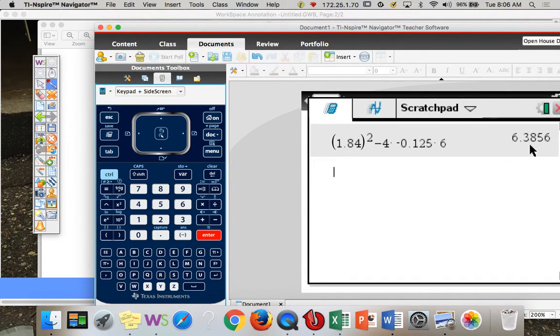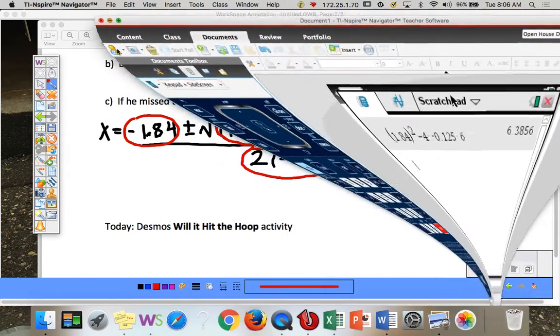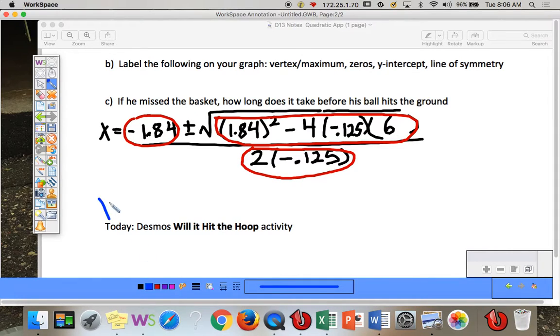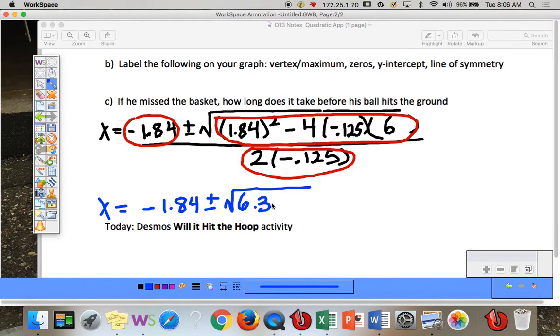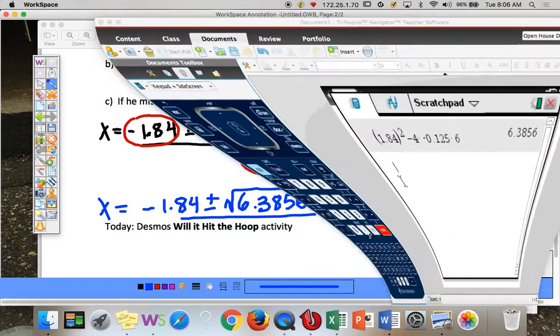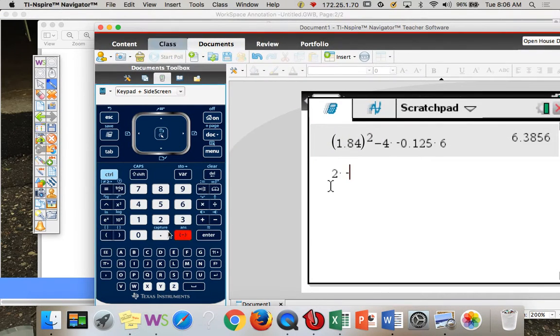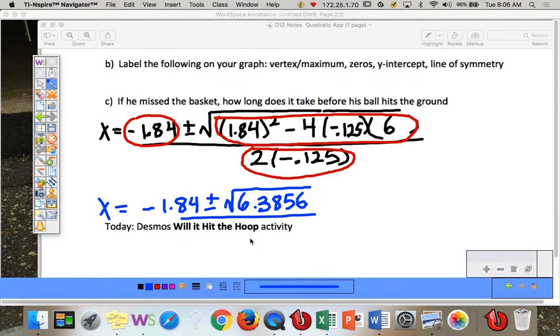You can see that there's going to be two solutions because this is positive, so I want you to write these numbers up. So we have x equals negative 1.84 plus or minus the square root of that, 6.3856, and all of that over 2a, which is 2 times negative 0.125, so negative 0.25.